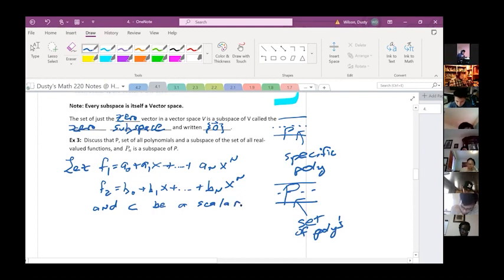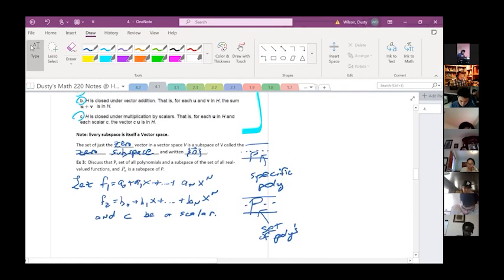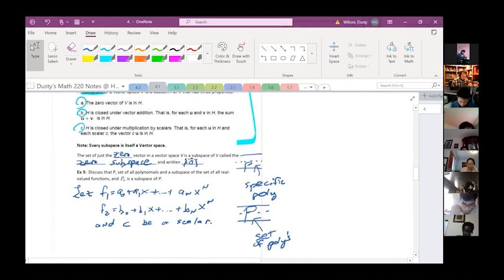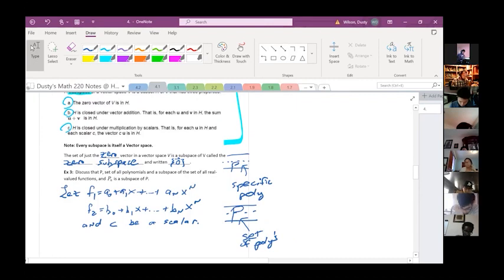We'll use x's today. Okay, so we want to go through these three conditions. Again, the three conditions are A, the zero vector is in the space, B, that it's closed under addition, and C, it's closed under multiplication by a scalar.